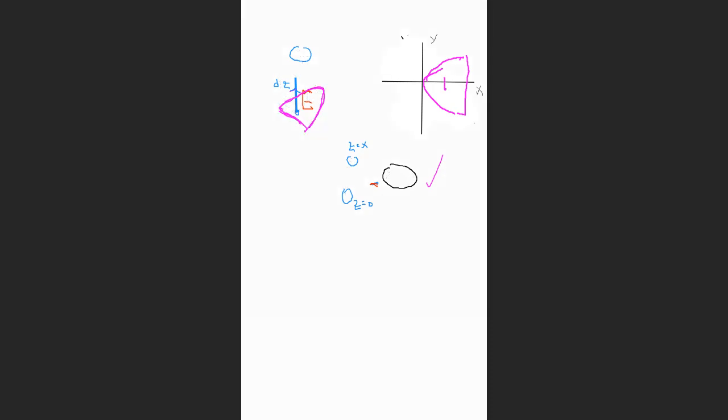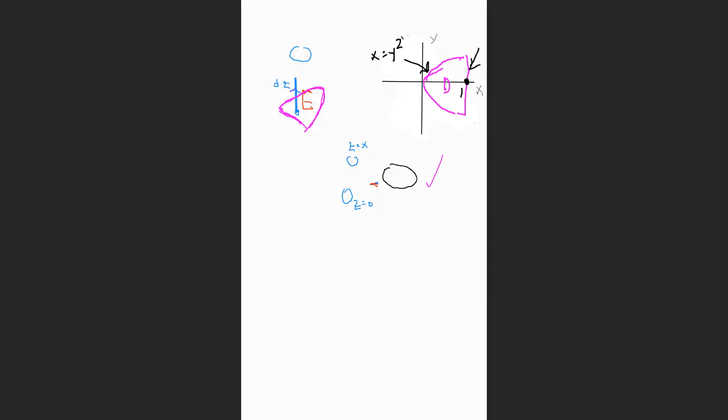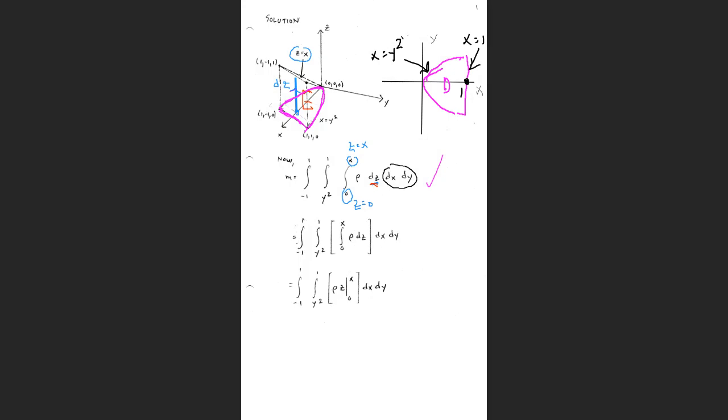So this is clearly 1. You have a function on the left, x equals y squared, and you have a function on the right, x equals 1. So there are your x limits. And then y goes from -1 to 1, right? So there are your y limits. And now you can just compute the mass.